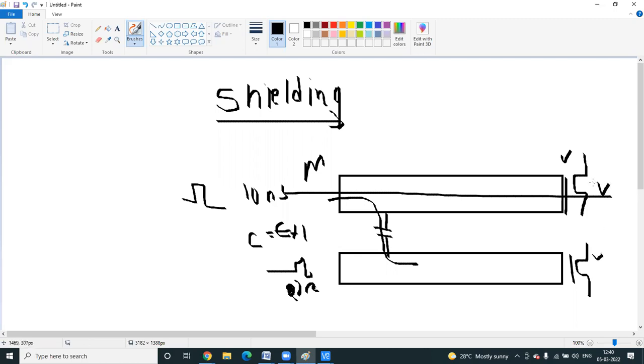But due to the cap, it will be adding some delay, so it will be turned on at 30 nanosecond. So after some delay, this device will be turned on. This is called your parasitic. Understood? Yes, sir.